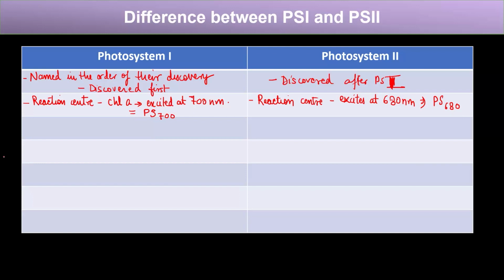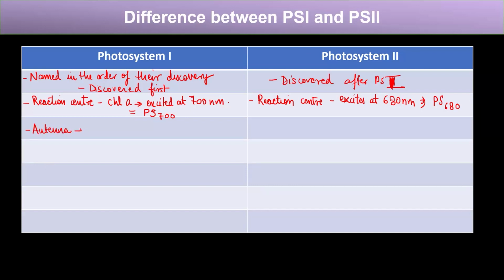Okay. Now, we also saw that photosystems have a light harvesting complex, right? The light harvesting complex consists of a reaction center, but apart from the reaction center, it comprises one more thing, and that is the antenna, right? So if we have photosystem 1, then what kind of antenna do we have?